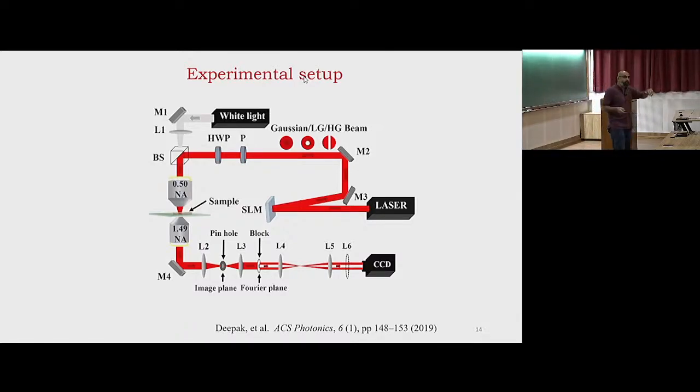All you need to do is collect this with a high numerical aperture lens, use the specific pinhole, and using this Fourier plane imaging technique, you block using a stop. And this stop essentially ensures that the vectors which are directly coming from the incident light are completely blocked, and only the scattered light actually reaches the detector.